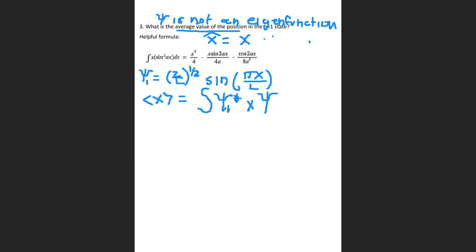And since the value of x is a statistical thing, that will tell you what the average position is.